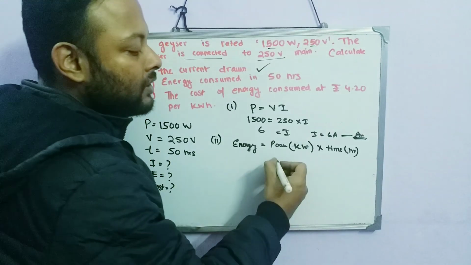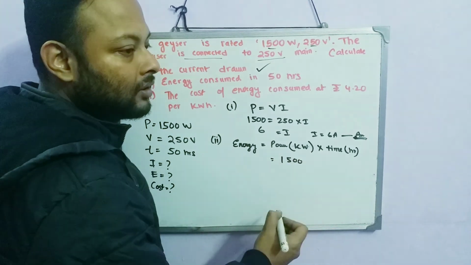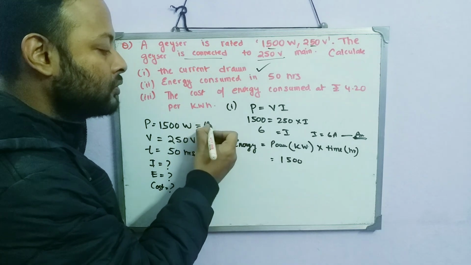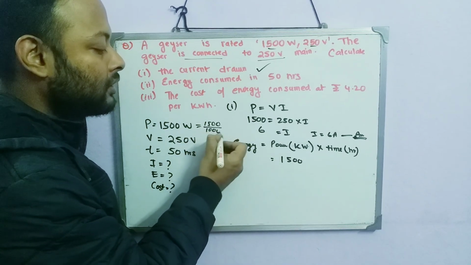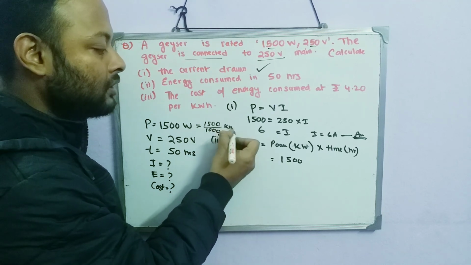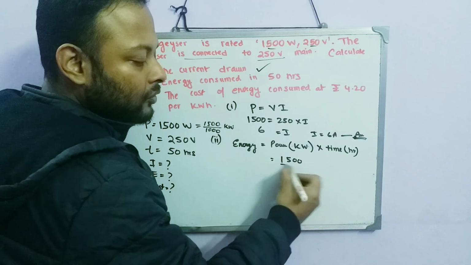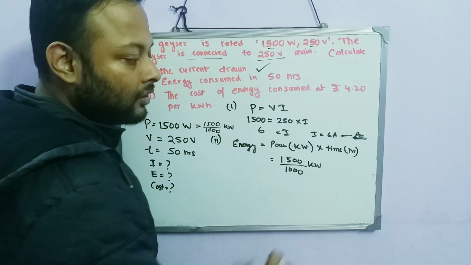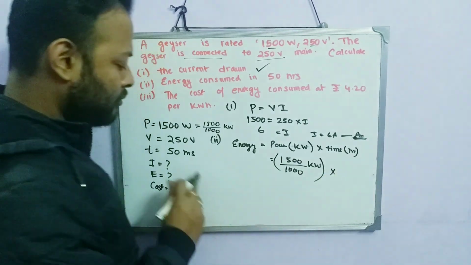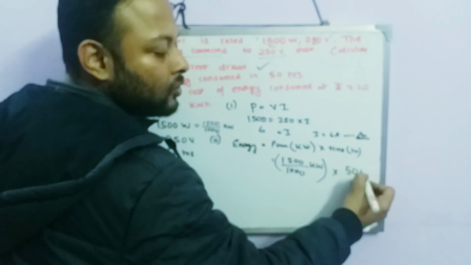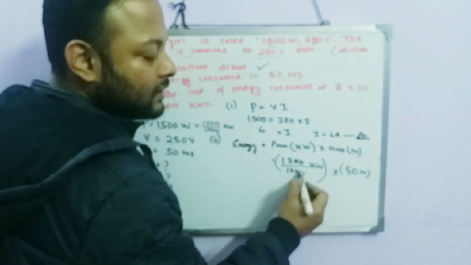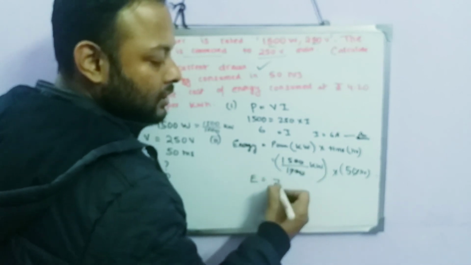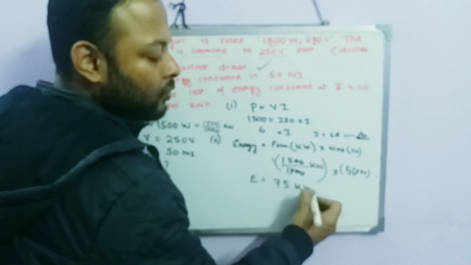Now, power is given as 1500 watt. If I need to convert this 1500 watt into kilowatt, how am I supposed to do it? 1500 by 1000 and that watt becomes kilowatt. Clear? So I have to write 1500 by 1000 because that will give me kilowatt. And time is given as 50 hours. So no problem, 50 hours. So if I cancel 0, 0 and 0, 0, ultimately 15 into 5. So the energy becomes 75 kilowatt hour.